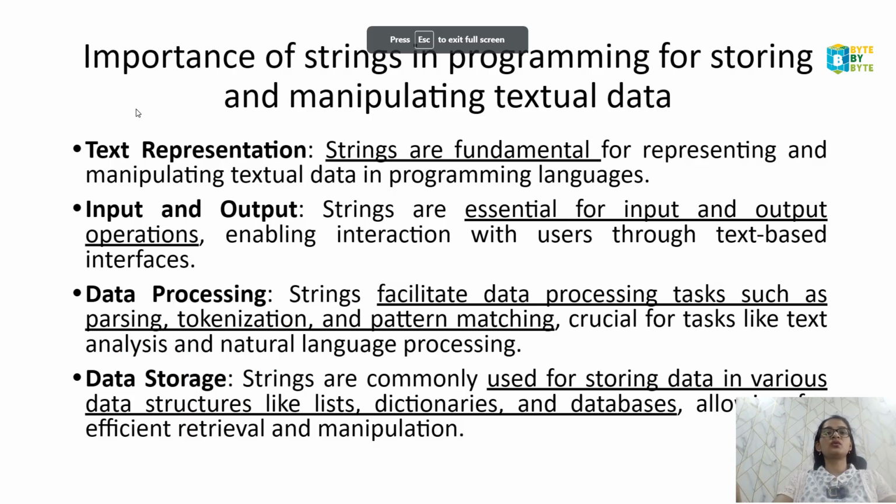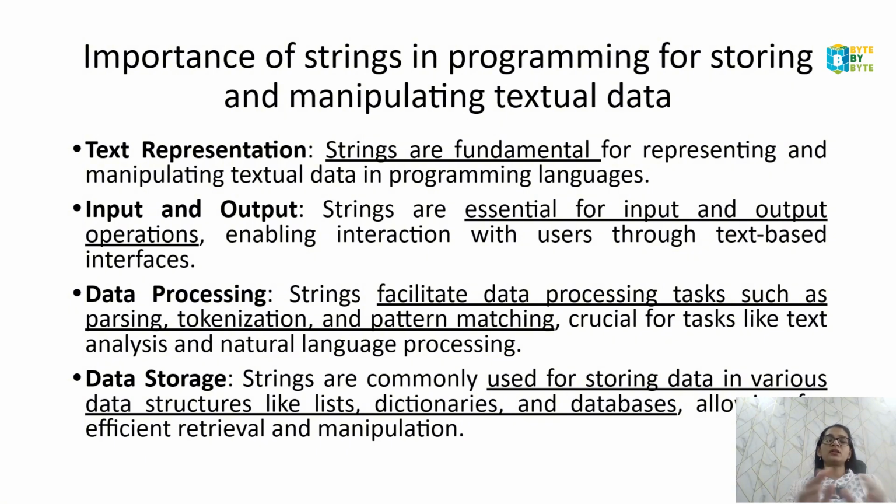Now, what is the importance of a string and how can you manipulate textual data? We will start with why strings are important. Most representations are done using strings only. When you search in Google, you use text only. Nowadays, ChatGPT is one of the platforms getting attention worldwide.